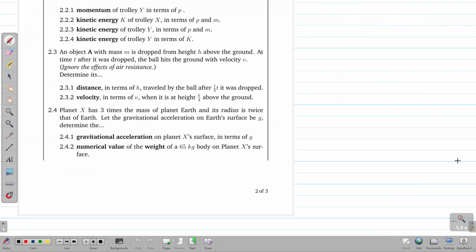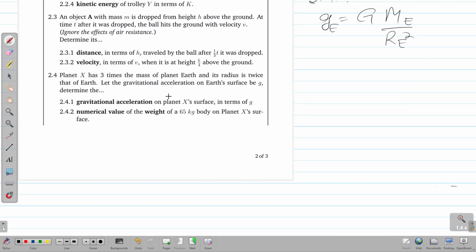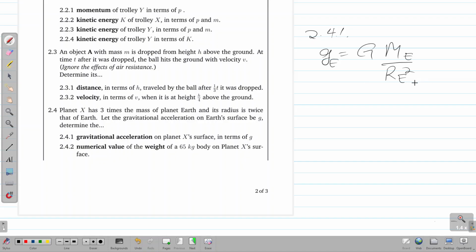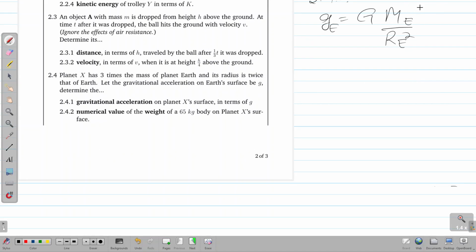Right, so what you should have gotten is, your first step, on the surface of a planet the equation is g = GM/R², so I'm going to call this g_E = GM_E/R_E². Then what happens when you change the mass?